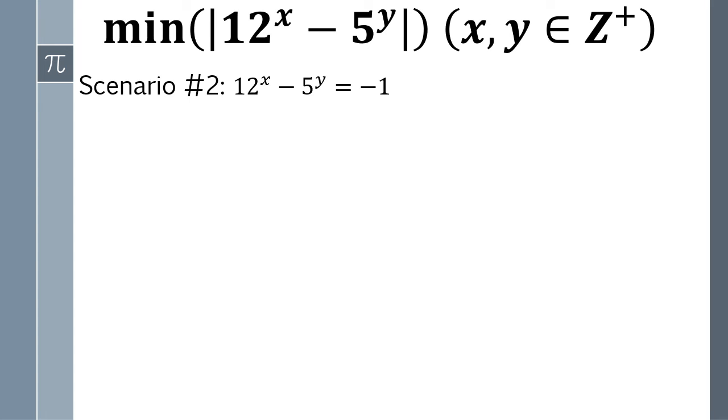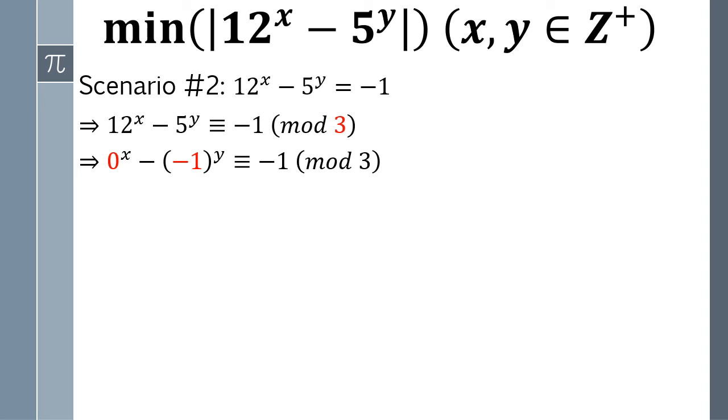Scenario number 2, 12 to the x power minus 5 to the y's power equals minus 1. Again, we need to turn this equation into a congruence expression. The modulus we're going to choose should be related to both 12 and 5. And this time, we're going to use 3. After a few steps, this congruence expression can be turned into minus 1 to the y's power is congruent with 1 modulo 3.